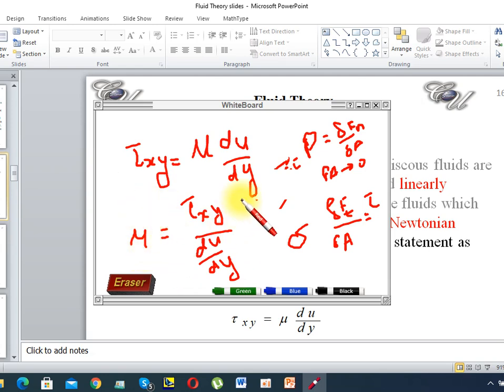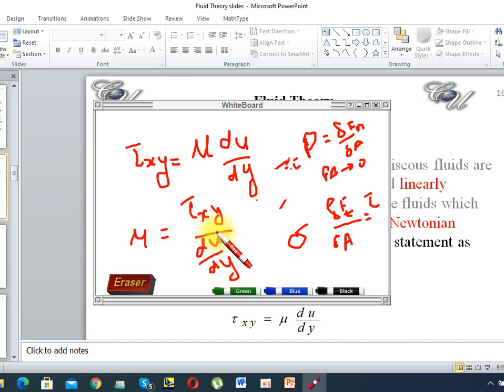Okay, and also from this we can derive its dimensions. We call this dimension: the dimension of this divided by the dimension of this term, and this is velocity, which has dimension meter per second, and the y dimension is meter.